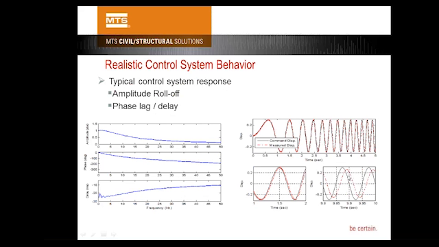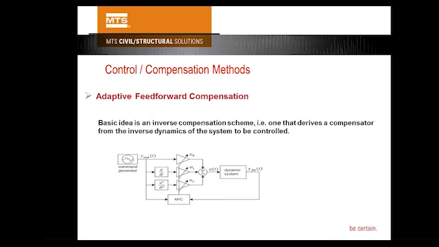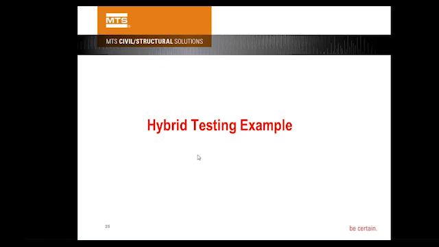So this kind of delay in the analysis model will accumulate, acting like a negative damping. If your system has relatively low damping, this negative damping will cause stability issues. So you have to do delay compensation, and we have all kinds of delay compensation methods. This is a self-adaptive delay compensator, an adaptive feed-forward compensation method. We use this very often, and it is very effective.